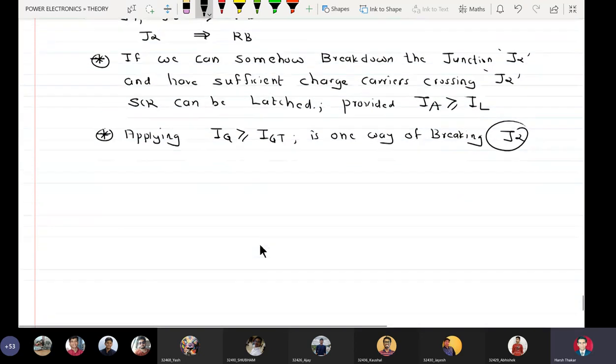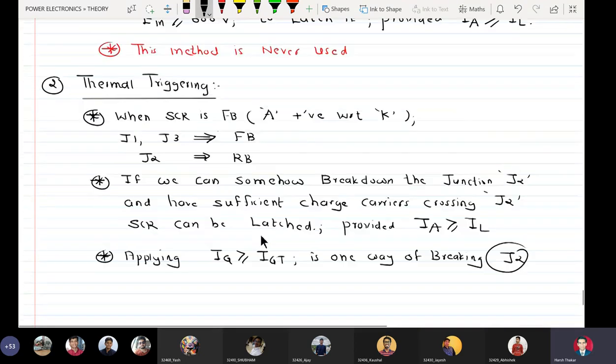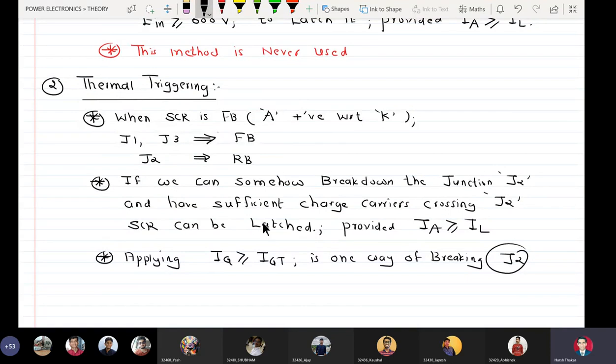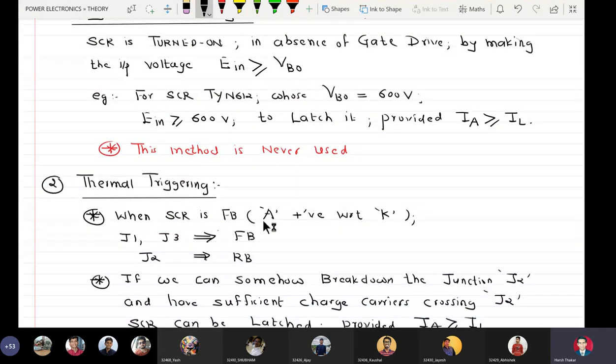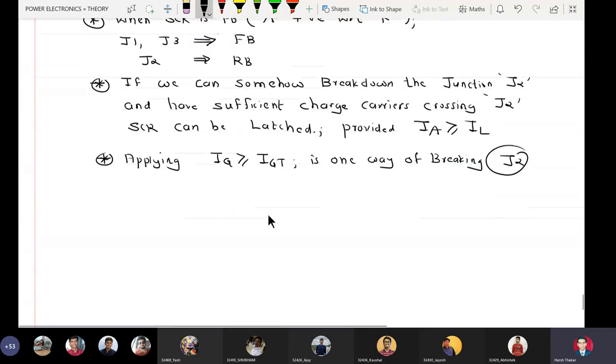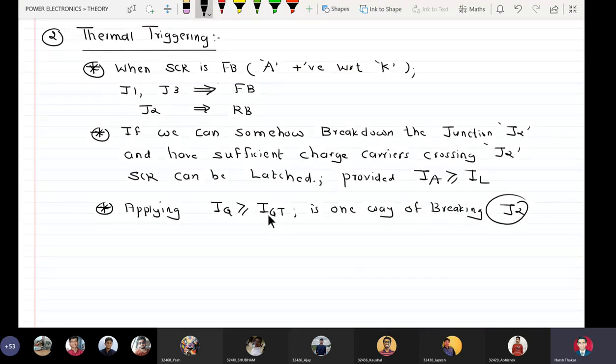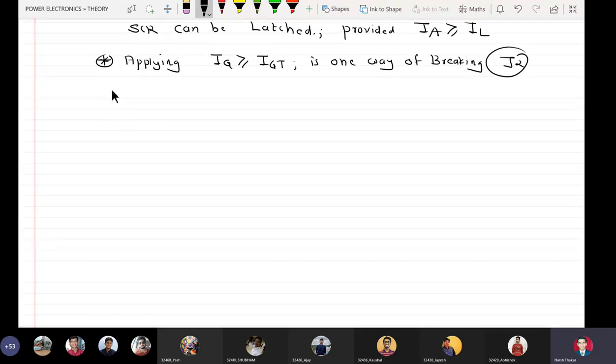But although SCR is a 4-layer, 3-junction device, ultimately it's a semiconductor device. So the effect of temperature on SCR will be the same as the effect of temperature on a BJT or a diode. Whenever temperature increases, the reverse current increases, because more charge carriers become available. Same thing happens here. So instead of applying a gate current greater than or equal to IGT, I try to increase the temperature of the junction J2. This is the alternate method which I am using.